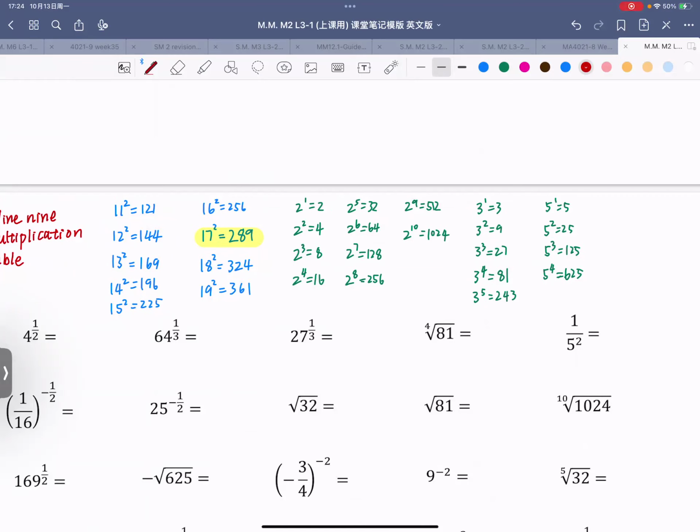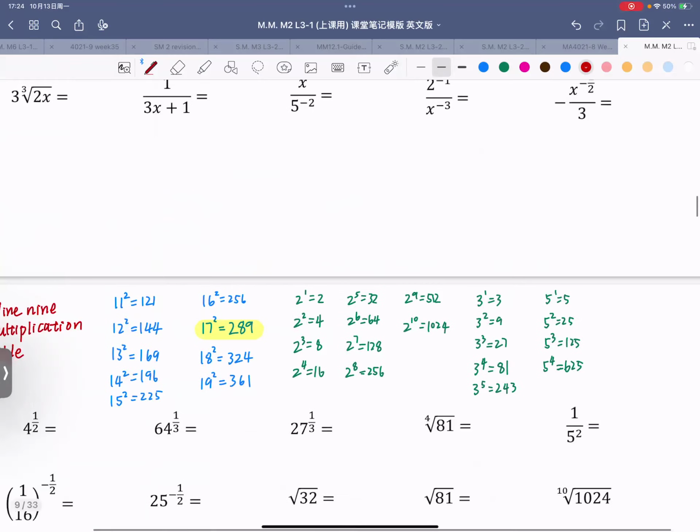All right, I'll give you an example. Without using a calculator, can you find this? 10 seconds. 10, 9, 8, 7, 6, 5, 4, 3, 2, 1.